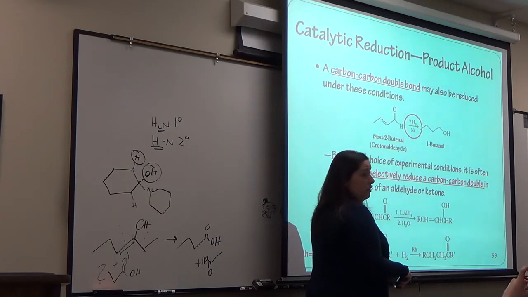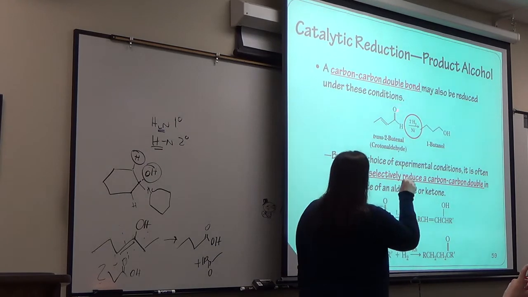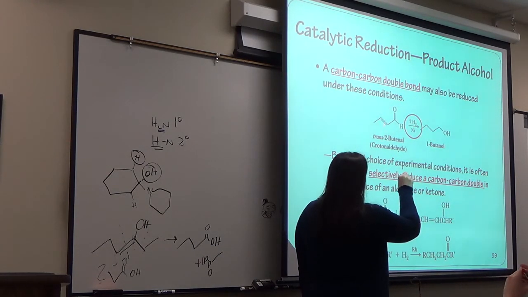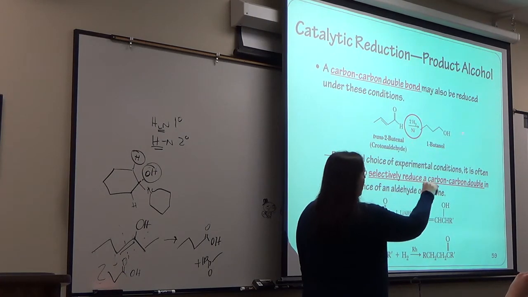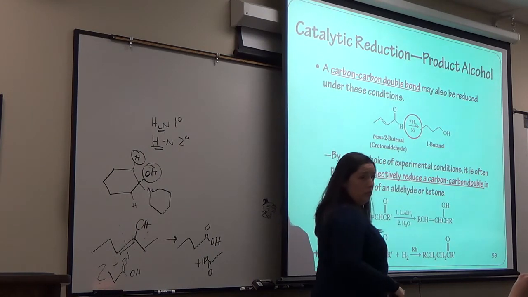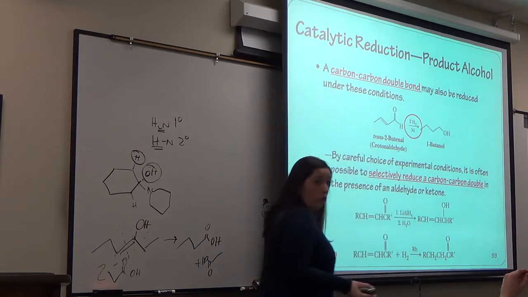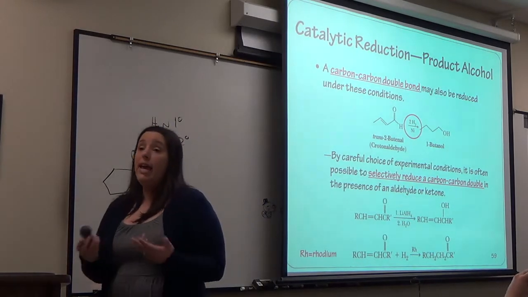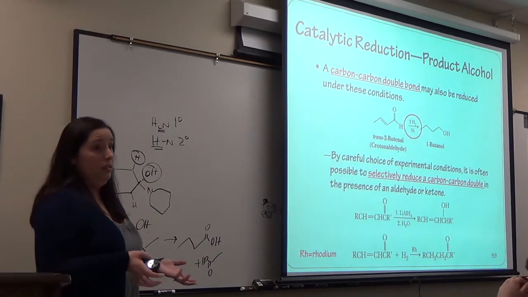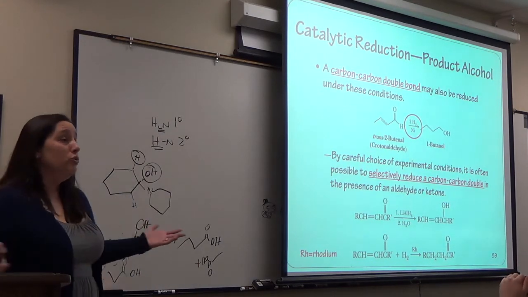Does that make sense? So if I use this reagent, 2 moles, 1 mole would reduce here, and the other mole would reduce here. So my product would look like this. No more double bond, no more carbonyl. Do you agree? It works for both. So we say this is not selective. It will reduce everything.